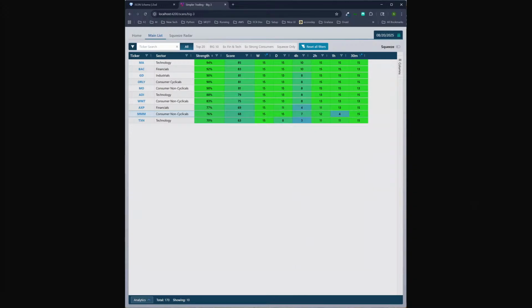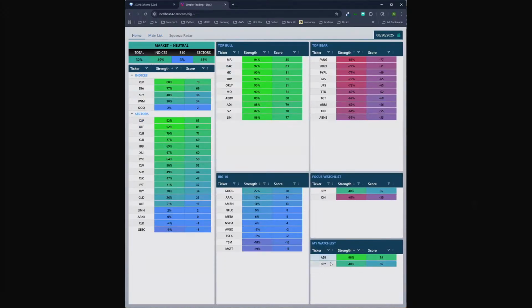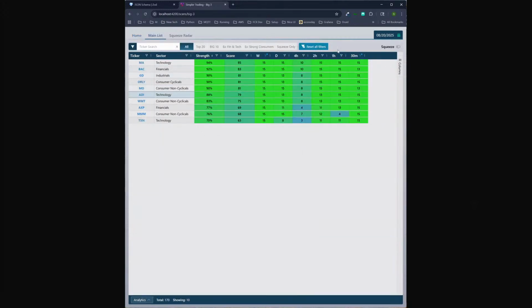You go from 170 total stocks to showing only the 10 that you want. And from here, you can also right click, add to my watch list. Then you go back to home and ADI is right there, with, again, any combination of filters you can create on the grid.